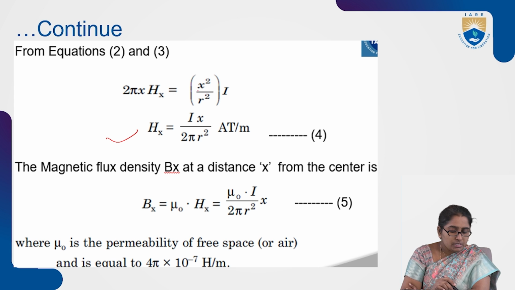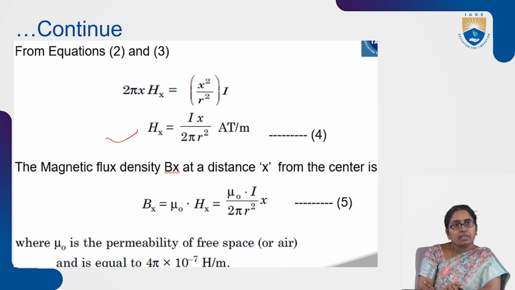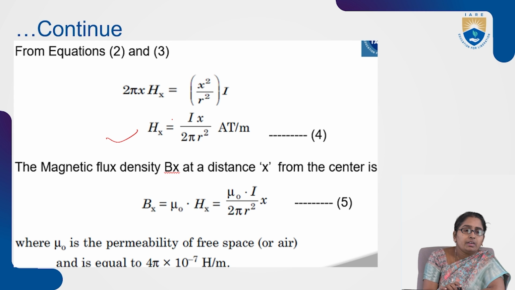So this is obtained from equations 2 and 3, which are equated. Finally this is the expression for the magnetic field intensity on the surface of the cylinder at a distance of x meters. This is what we want.